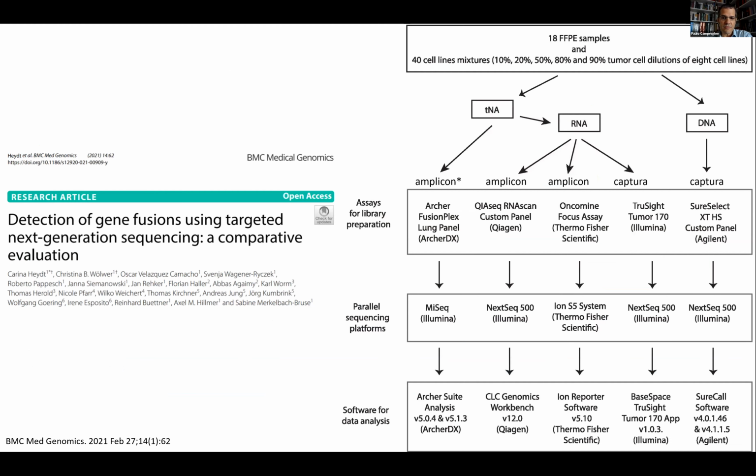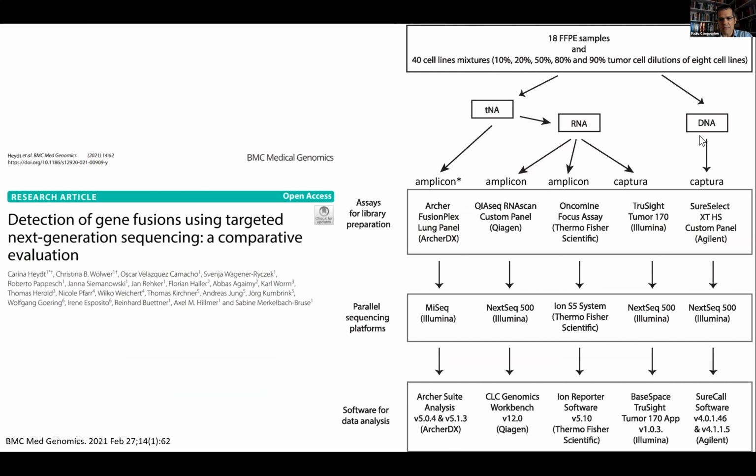When you look at the literature, looking for comparisons between different methods for detection of gene fusions, we don't have a lot of papers. This is a good one, published 2 years ago, where they compared in parallel 5 different approaches for gene fusion detection.